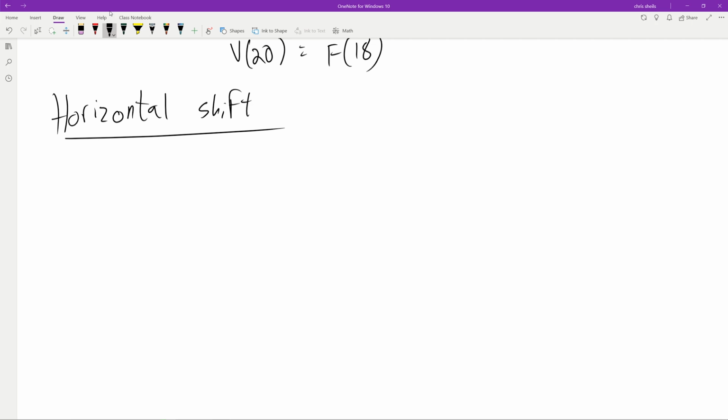So let's look at horizontal shifts. Our definition here is going to be very similar to the definition that we had for vertical shifts.